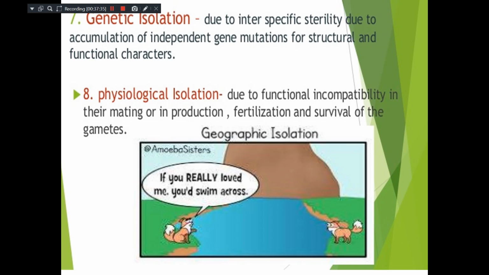Like isolation, we have genetic isolation also. Interspecific sterility, due to the accumulation of independent genes, gene mutations. Though they can mate, they cannot produce offspring, or at least fertile offspring.